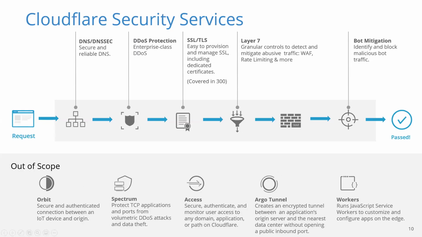Orbit is a bit of a unique kind of solution. Orbit is a solution to secure and authenticate connections between, we can say, not only IoT devices, but smart devices where the manufacturer can install an SSL certificate. Whenever this device wants to talk to the server's origin, it has to be authenticated by Cloudflare first before it allows access to the origin.